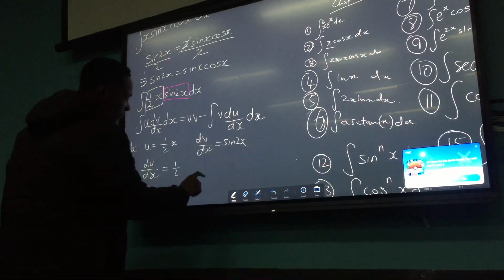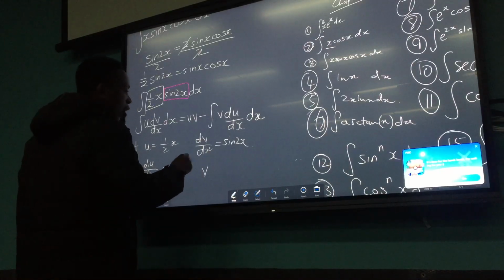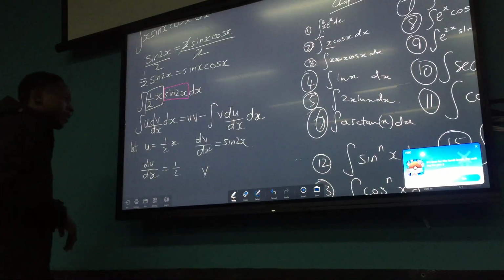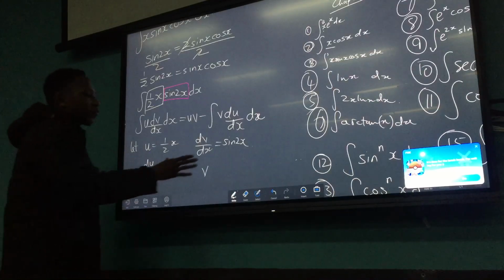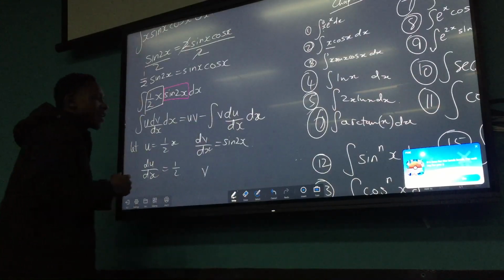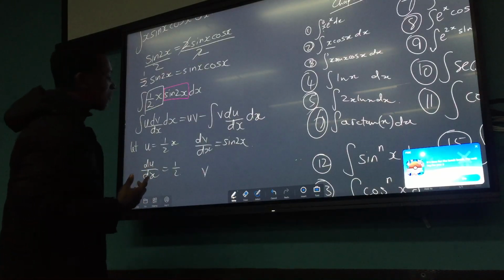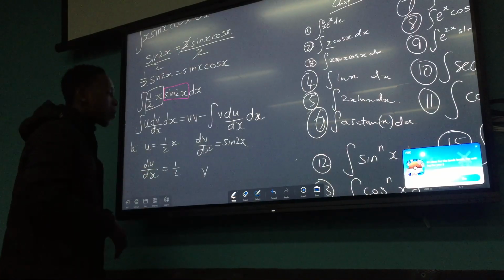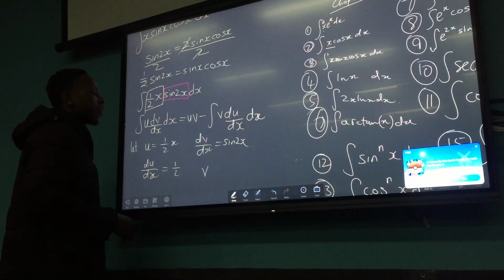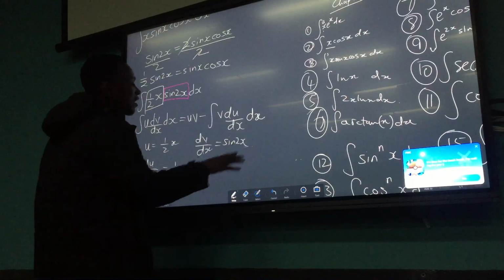Now, my v is going to be the integral of this derivative. So it's the antiderivative of this derivative. So sine 2x is a derivative with respect to x of some function v. If I want to know what that function is, I have to find the antiderivative of this derivative.